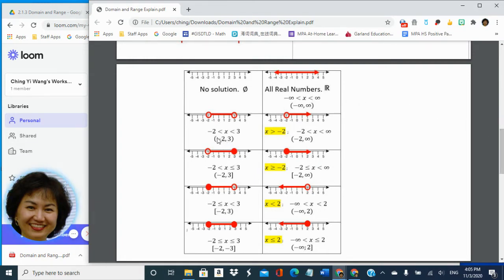The denotation with all these parentheses is for advanced math. In Algebra 1, we have to concentrate on this inequality denotation. So I want everybody to pay attention to the inequality denotation here.